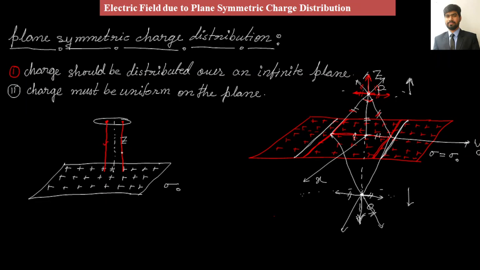So if we put two observers, one here and another here, they will observe the same charge distribution, because this plane carries a uniform charge density. Each observer will see a charge density sigma naught at a distance z.